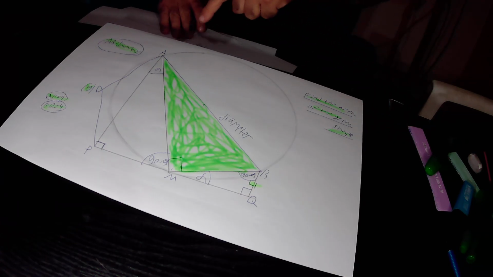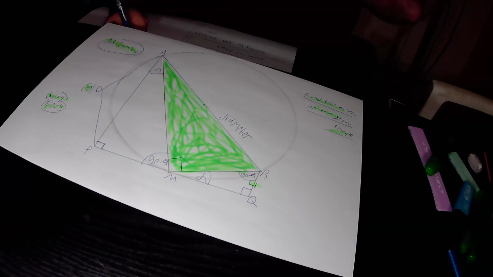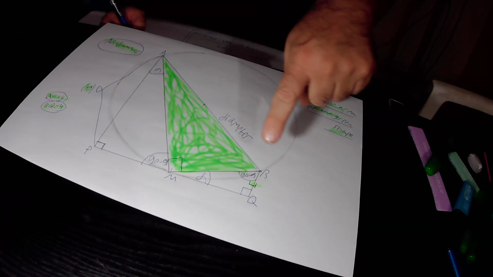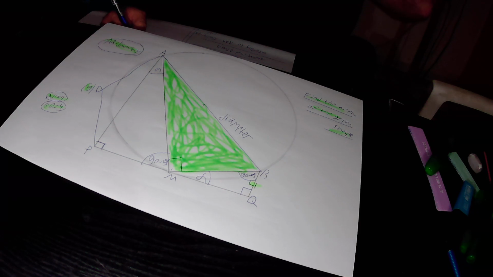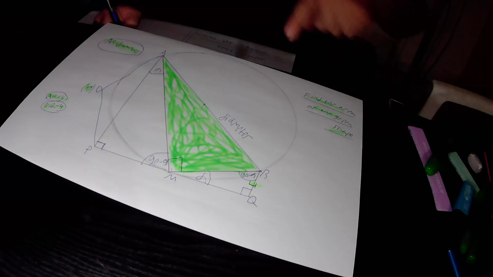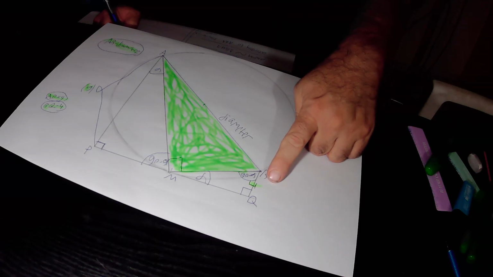We will derive that side AP of the big right triangle APM over side MQ of the small right triangle BMQ is equal to side PM of the big right triangle APM over side BQ of this small right triangle BMQ.